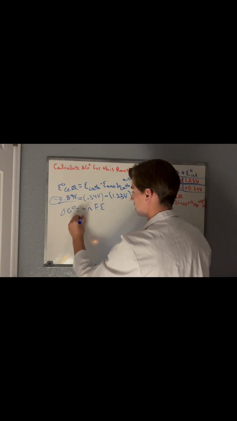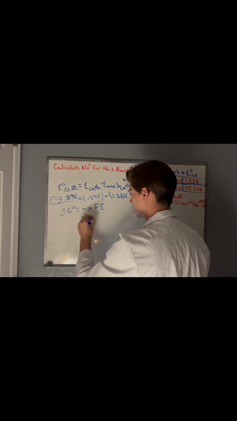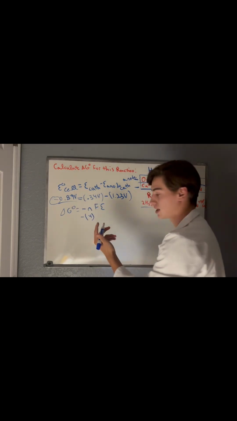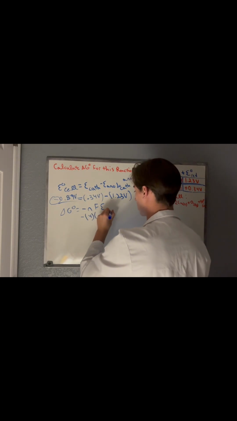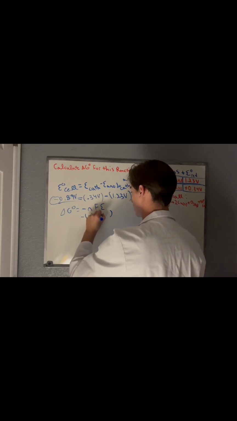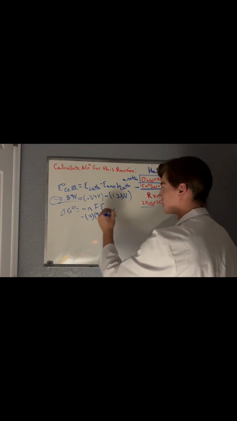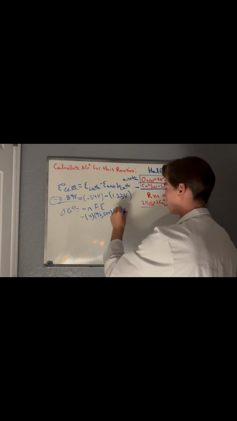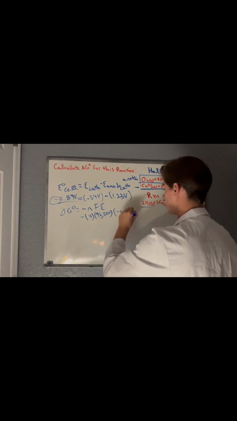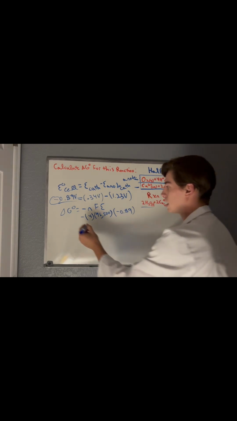So we're going to say negative, and I would use parentheses here because the sign really does matter here. Then our Faraday's constant is 96,500, and then we're going to say our E cell, which is negative 0.89. This is in volts.